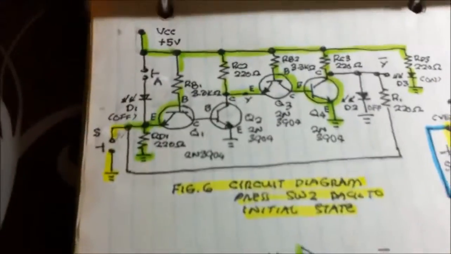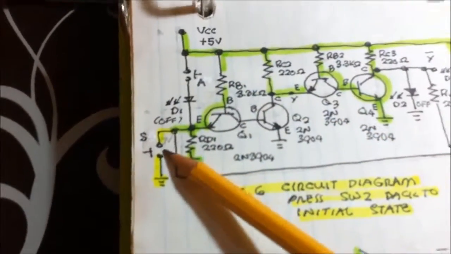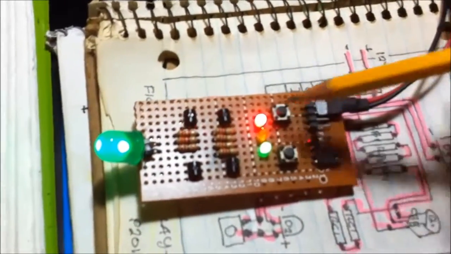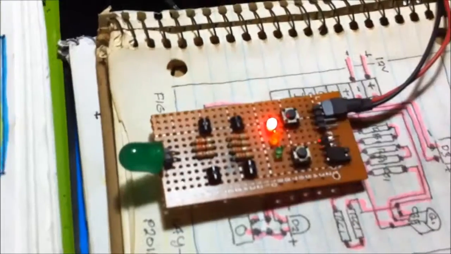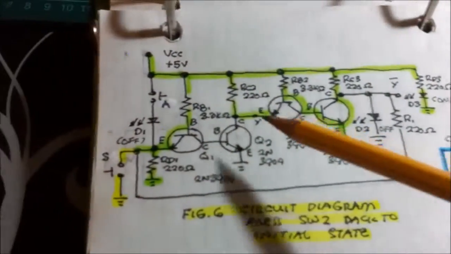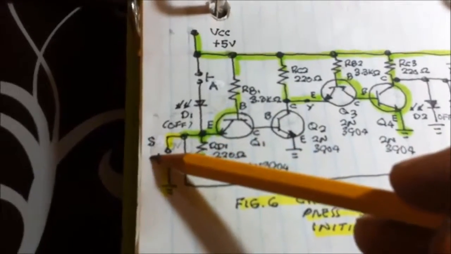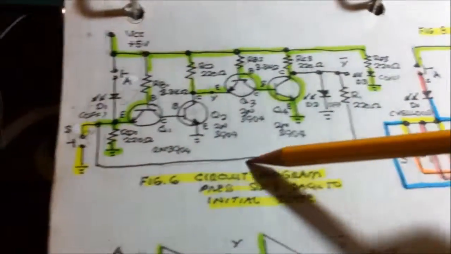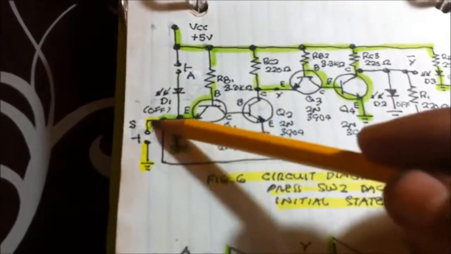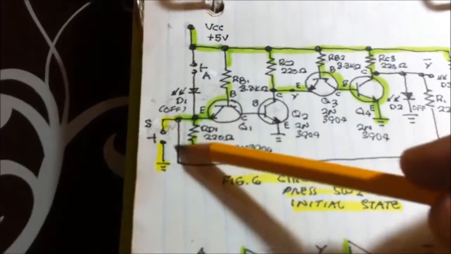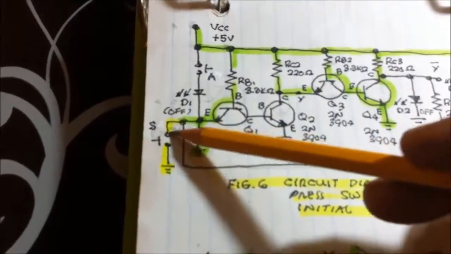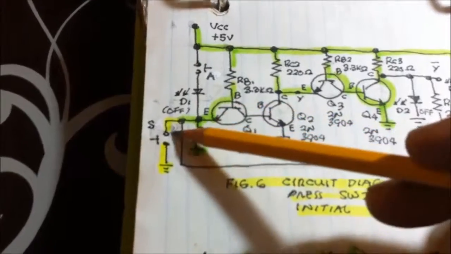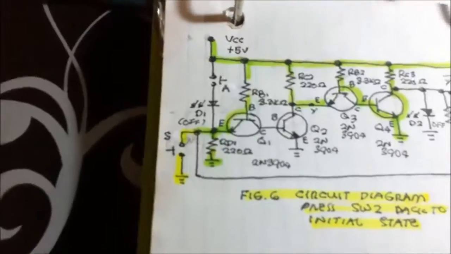So what happens if we use the second switch, pushing it directly to the ground? Let us use the second switch. It is now turning off. What happened here is when I push the switch here, the latch is now flowing to the ground, and since we're sending 0 volts here, that makes the current flow in this direction to the ground.